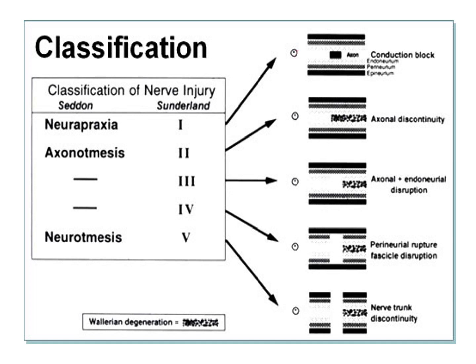Now grade 2, that is axonotmesis. Something is happening to the axon, that is axon discontinuity. So that is coming under second degree, otherwise called axonotmesis. Second degree, third degree and fourth degree are otherwise called axonotmesis, or they resemble the severity which is similar to axonotmesis. And then grade 5 is equivalent to the neurotmesis of the Seddon classification.